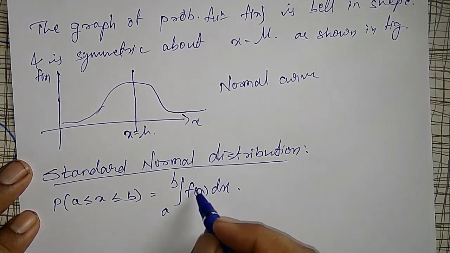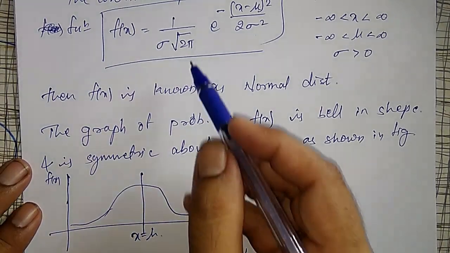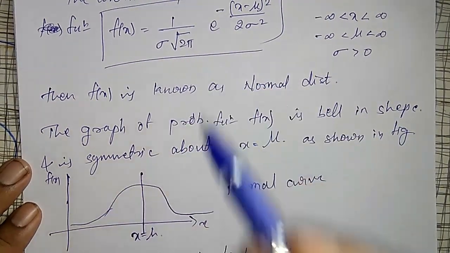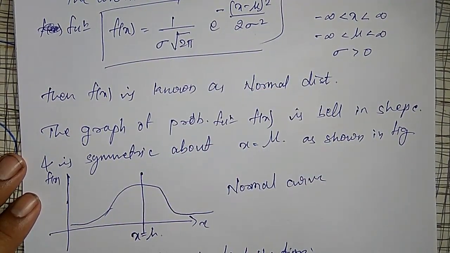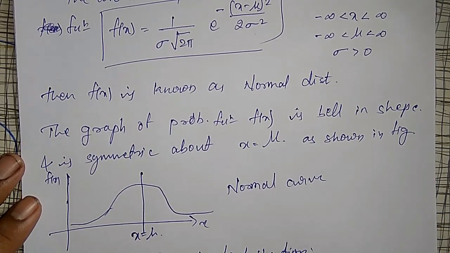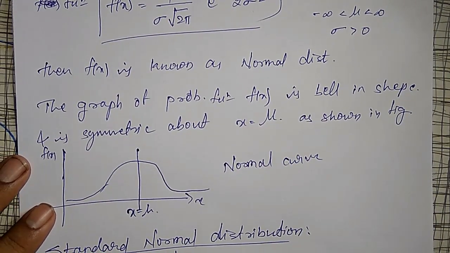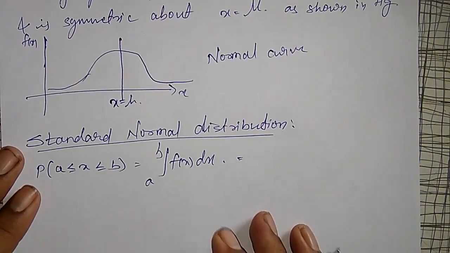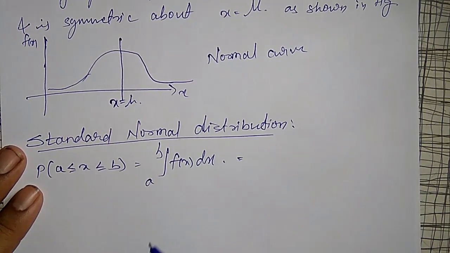If this f of x is the normal distribution, this is not integrable at all. In such cases I am going to substitute this one. I will come back here.